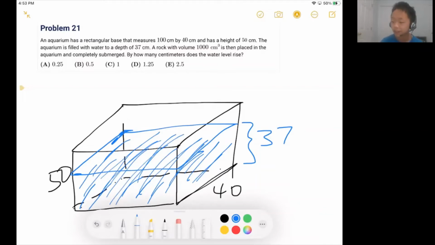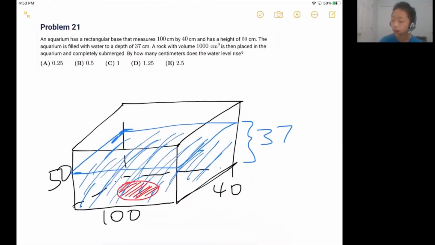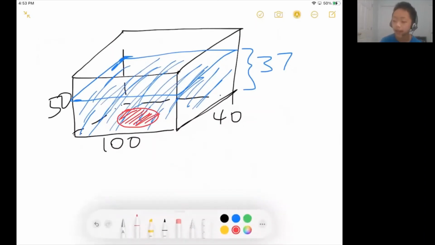So let's say you drop a rock in here that has a volume of 1,000 cubic centimeters. We want to know how many centimeters the water level rises. Let's say the water level rises an additional height, let's call it h, just another variable name.